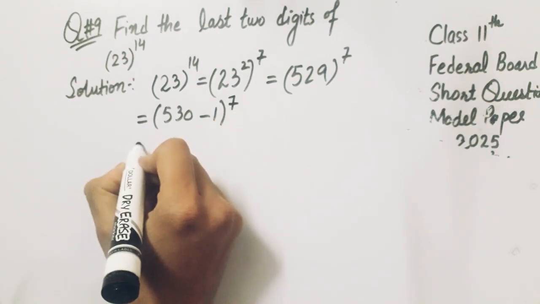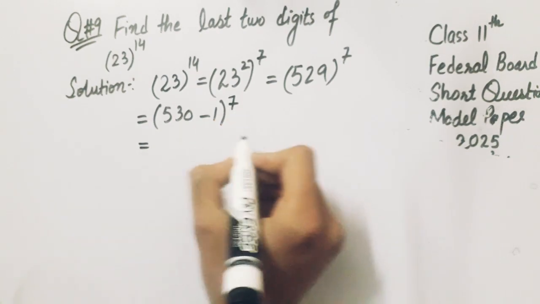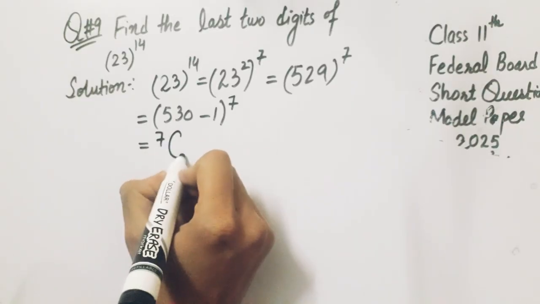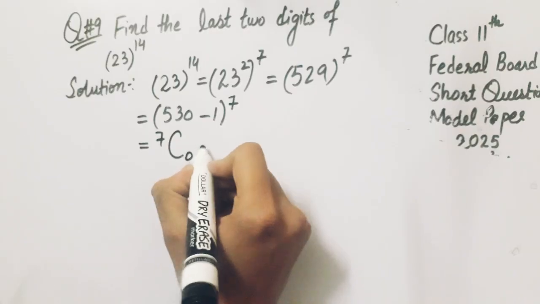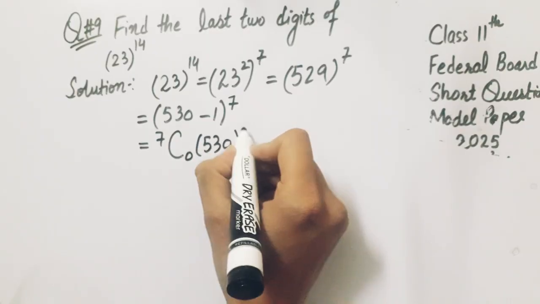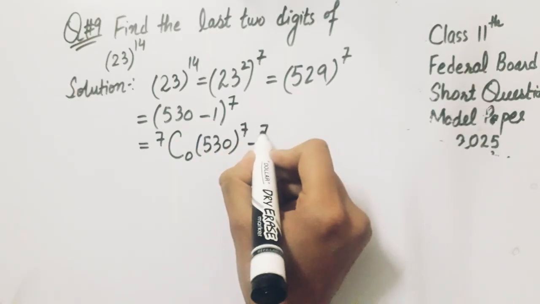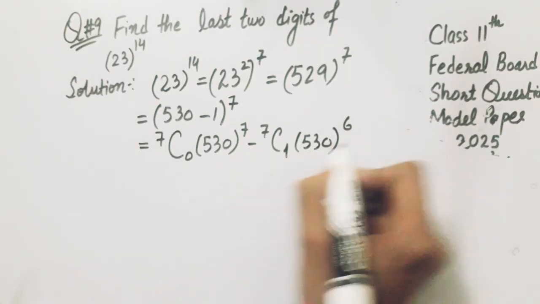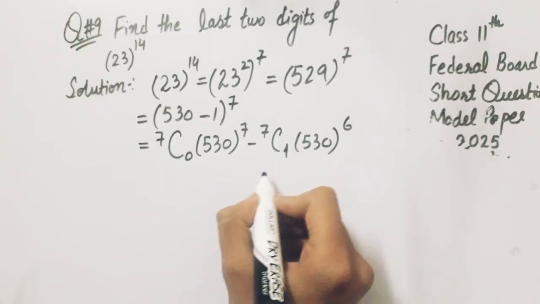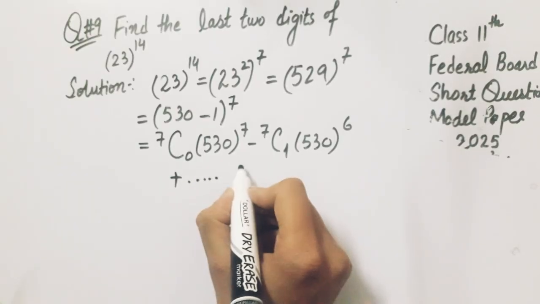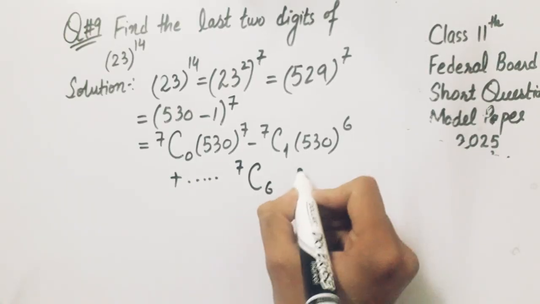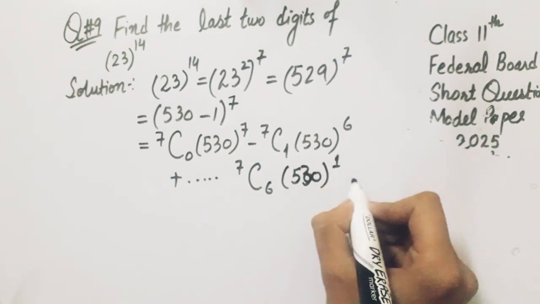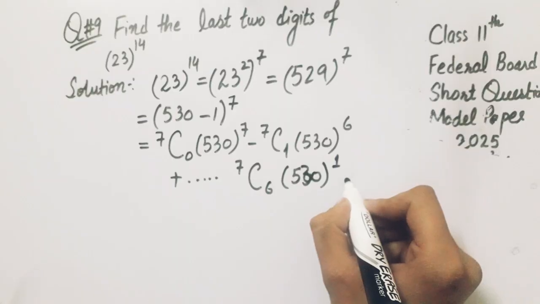Now we will write this by binomial expansion. According to that, 7C0 530 raised to power 7, minus 7C1 530 raised to power 6, and so on, up to 7C6 530 raised to power 1, and then minus 1.